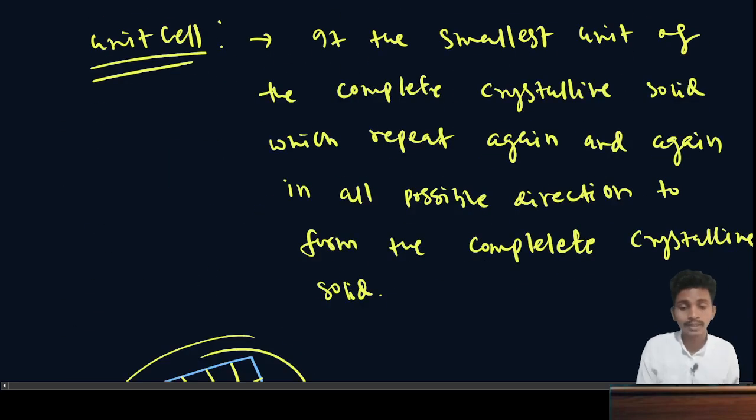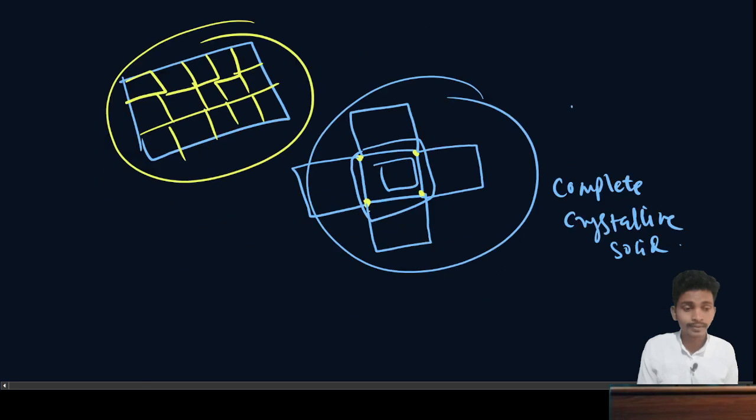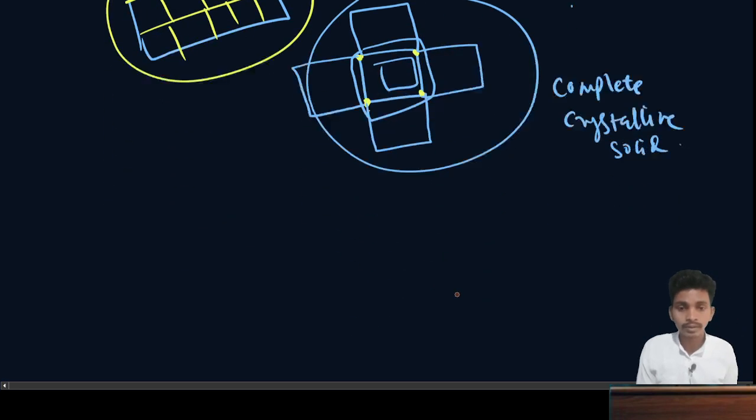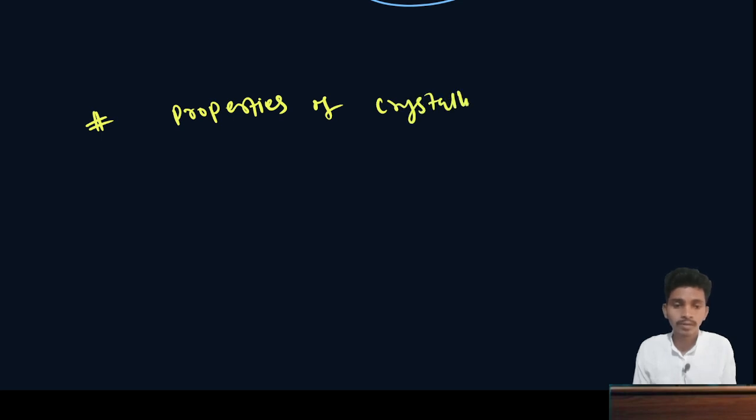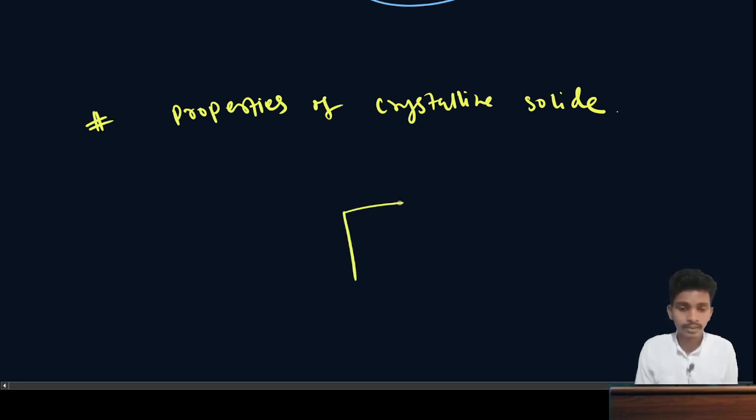So how you make a crystalline solid, we have seen. Now we will discuss the properties of crystalline solids. Let's say we make a crystalline solid.